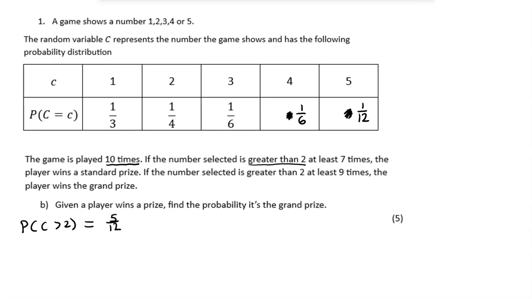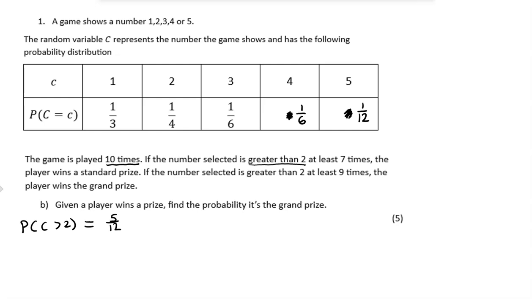And we know that we're playing this a fixed number of times with a fixed probability. The probability is going to be 5 over 12 each time. And we either get a number that's greater than 2 or we don't. So we have success or failure. And it's going to be independent of what's happened before.